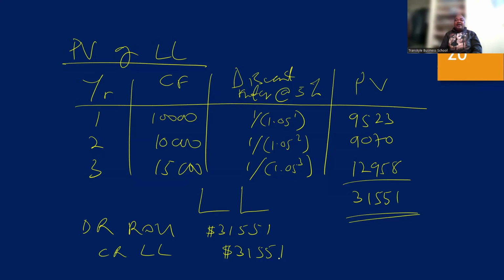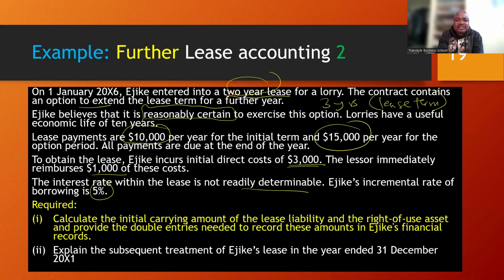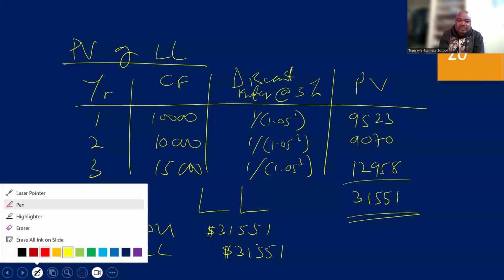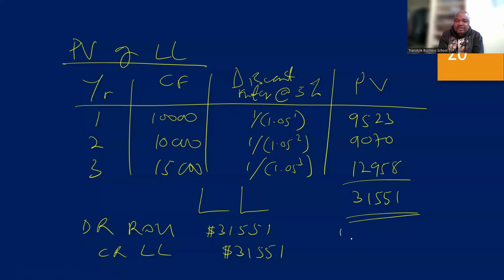As simple as that. Still at inception, there are other journals we need to make because we were told that ACCA was required to meet some direct costs of 3,000. So we also have to debit right of use asset 3,000.